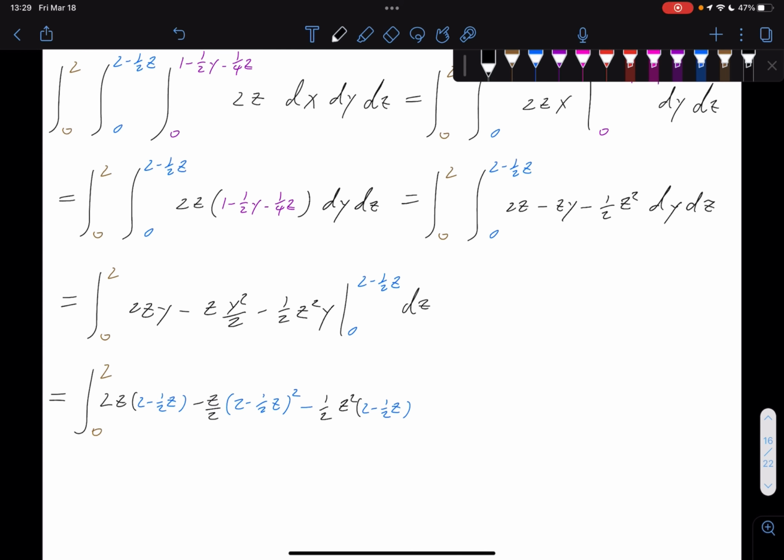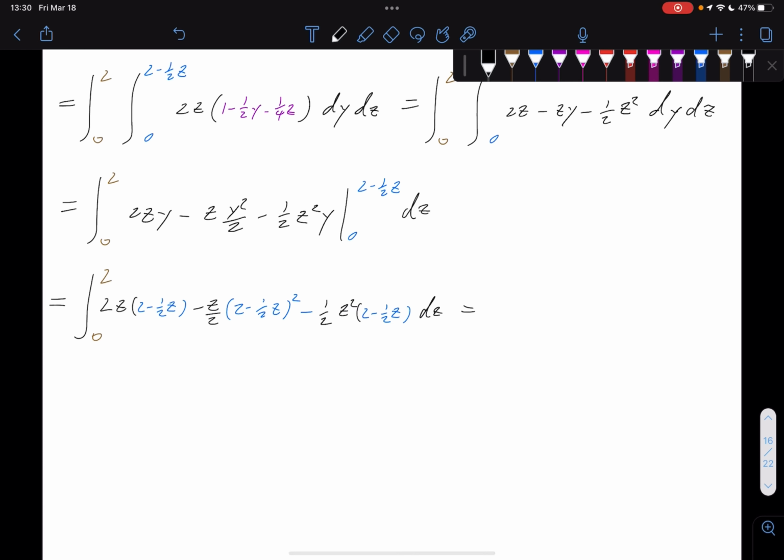Again, of course, every term has a y, so the lower bound of this integral becomes 0, so we can ignore that. dz.